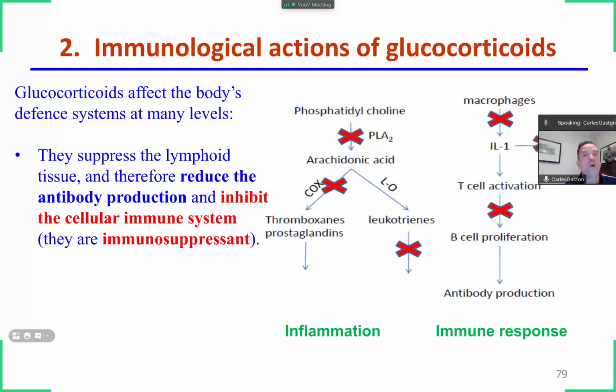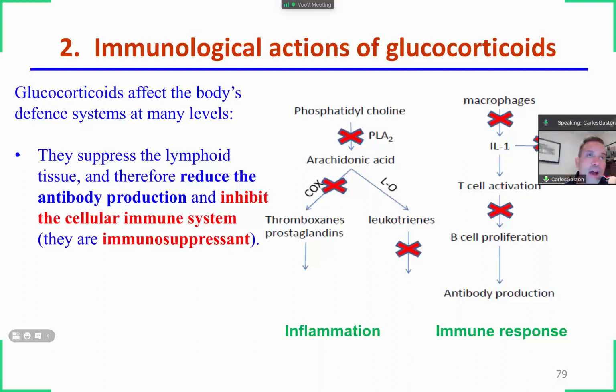Okay? So if we look at the formation of inflammation, physiologically, normally phosphatidylcholine, right, through this enzyme produces arachidonic acid. Arachidonic acid, by the COX-2 enzyme, produces thromboxanes and prostaglandins. And prostaglandins are very important in producing fever, but also acute sites of inflammation.